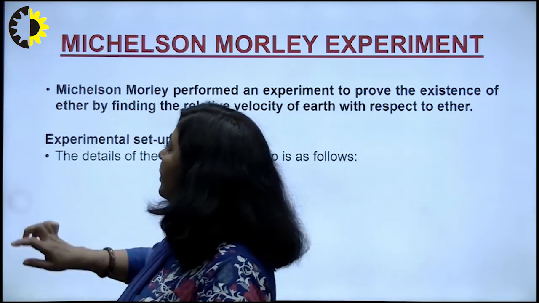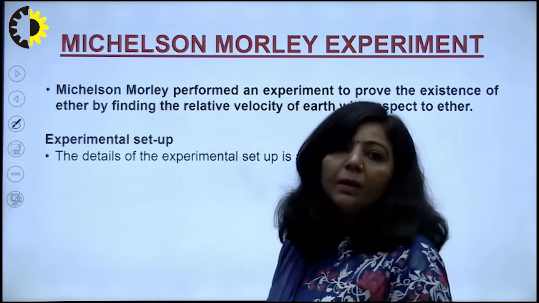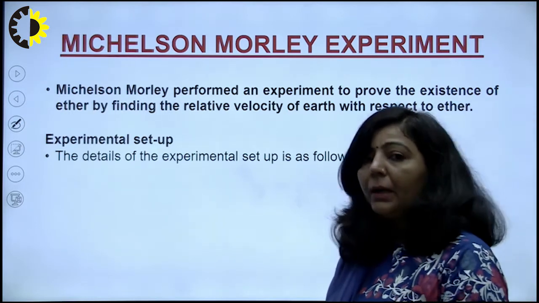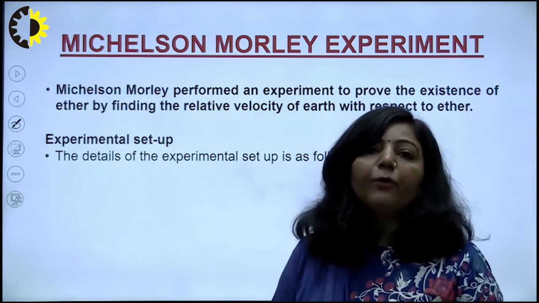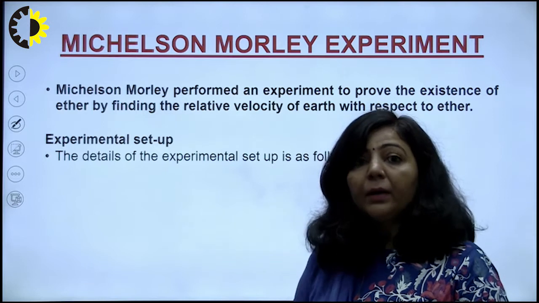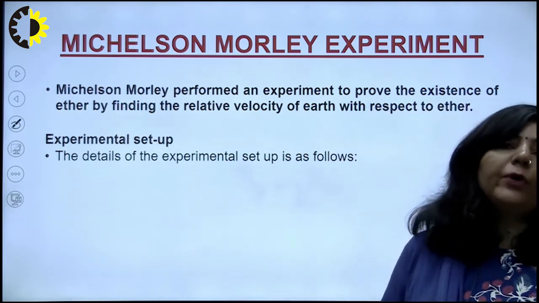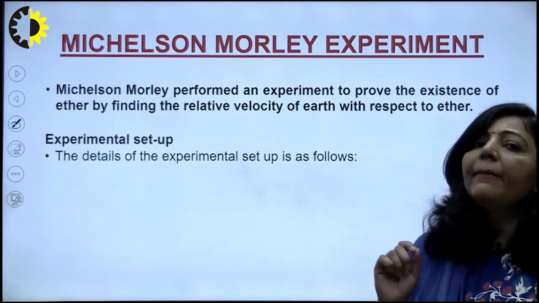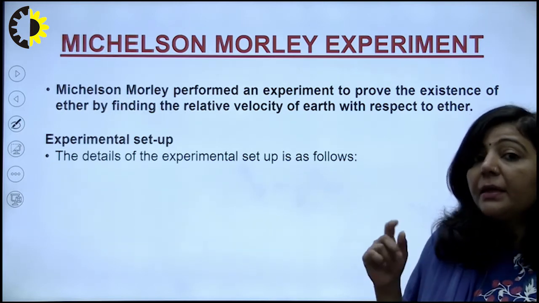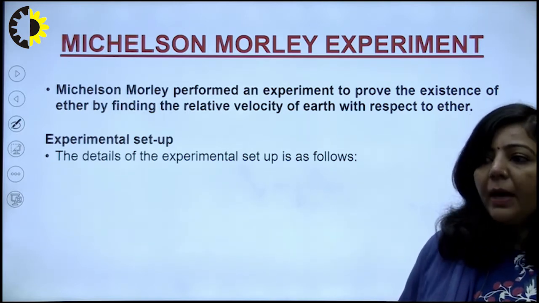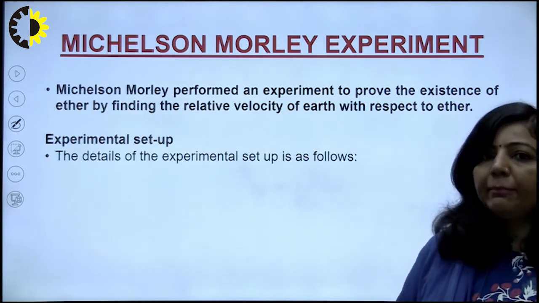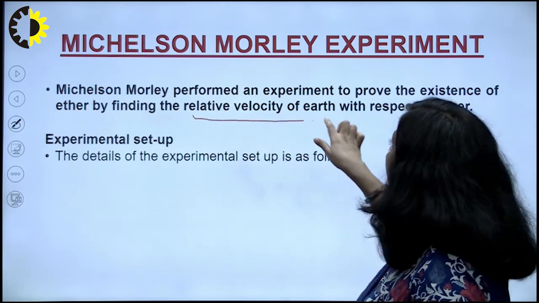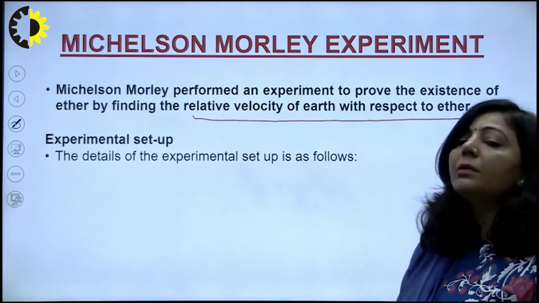So what assumption did they take? According to Michelson-Morley, since Earth is also part of our universe, Earth can also move freely in the ether medium. So they assumed that since there is a medium like ether and Earth is moving freely in that medium, we can find the relative velocity of Earth with respect to ether.